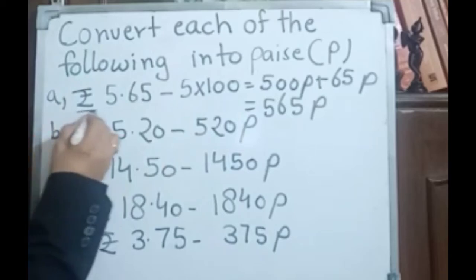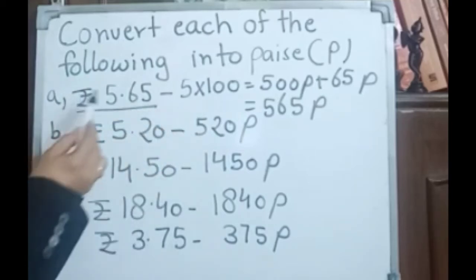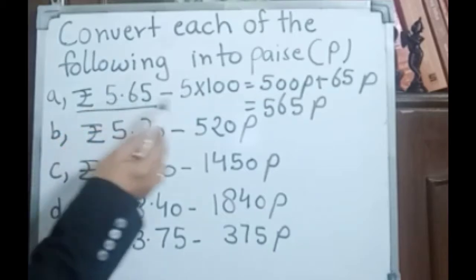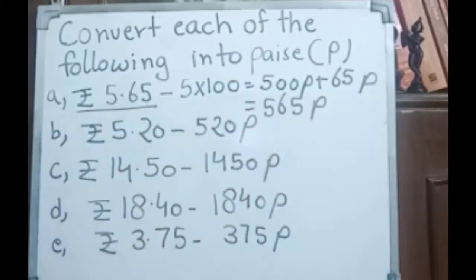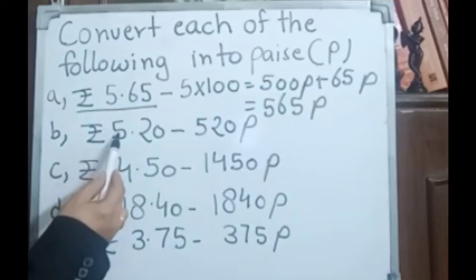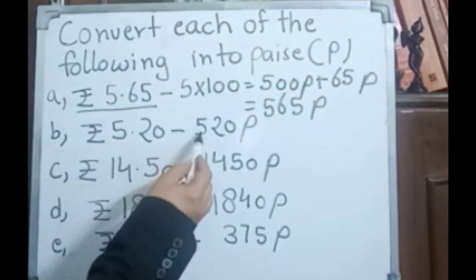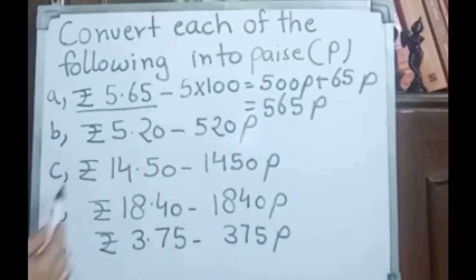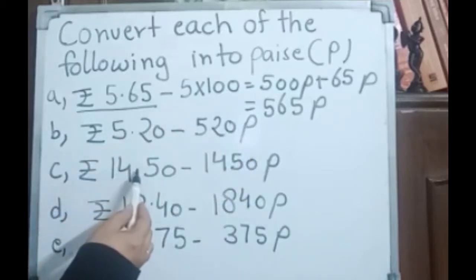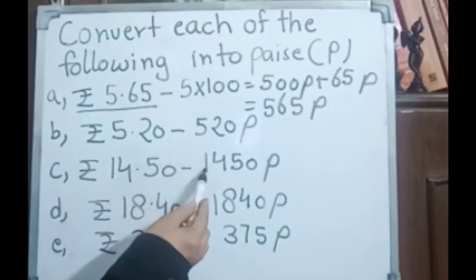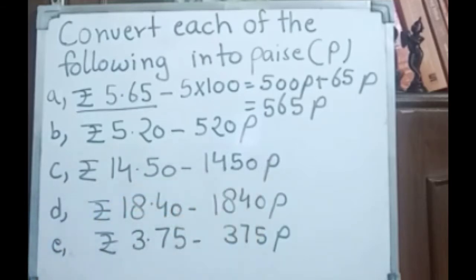So again, convert each of the following into paisa. Whenever we have an amount in the form of rupees, rupees 5 and 65 paisa, what to do? Remove the dot. We have 565 paisa. Rupees 5 and 20 paisa: remove the dot, 520 paisa. Rupees 14 and 50 paisa: remove the dot, 1450 paisa.